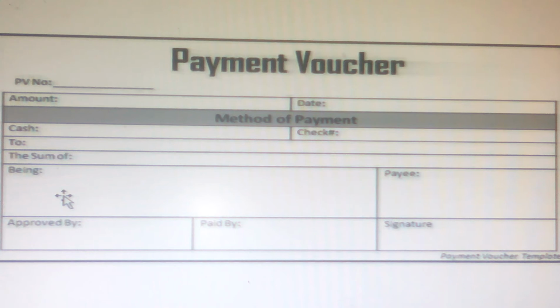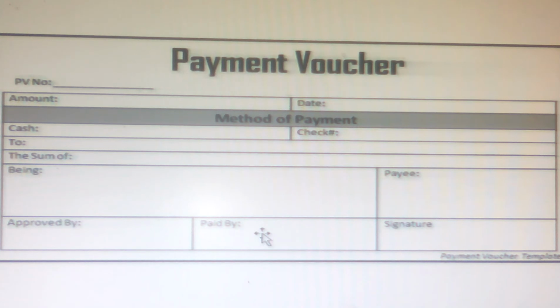Then we mention the narration, the details, for example, purchase of a computer, the purchase bill, the date, everything. Then we approve the particular payment voucher. Based upon the amount, they fix an approving person. Up to 1,000 one person approves, above 1,000 another, like that.